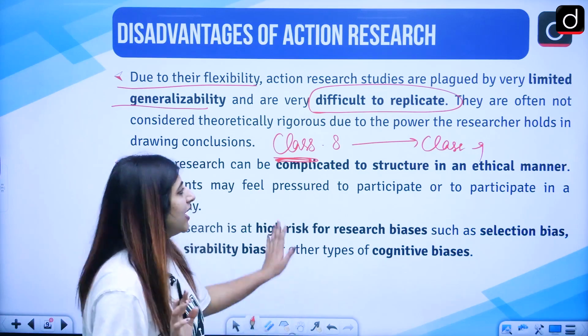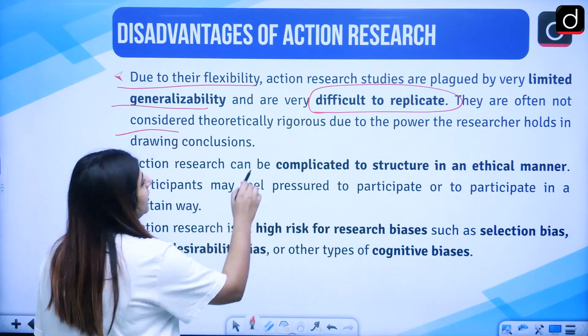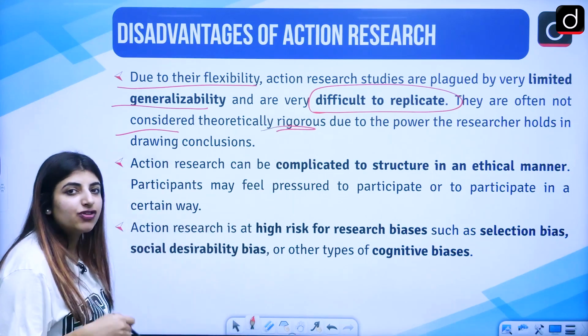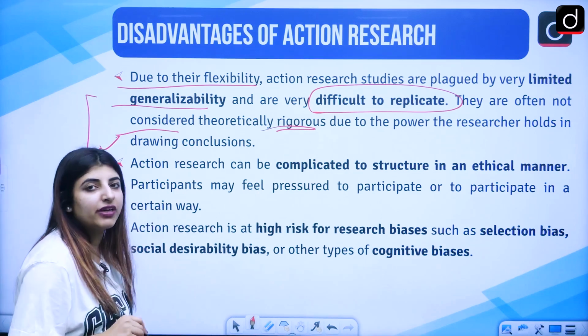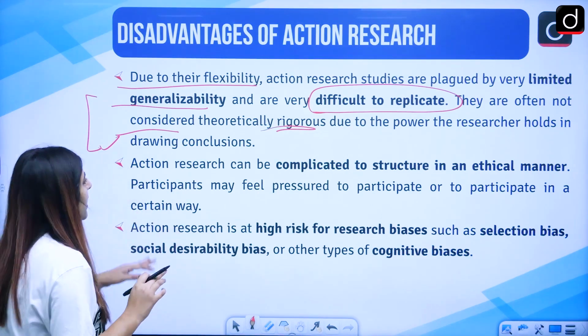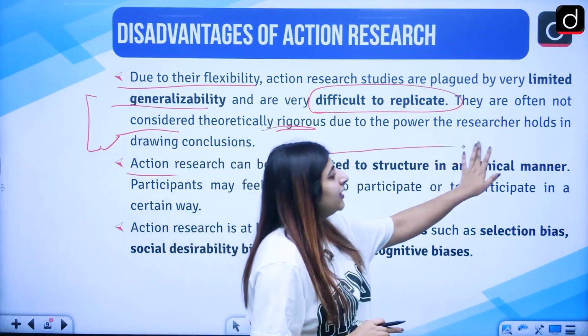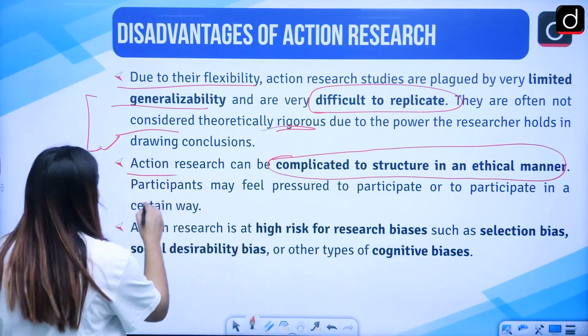You cannot do that, right? They are often not considered theoretically rigorous due to the part the researcher holds in drawing conclusions. So the researcher is of utmost importance, but because of that as well, there are certain limitations which come. It can be complicated to structure in an ethical manner because the researcher can be biased.